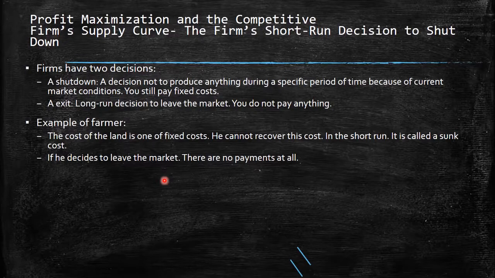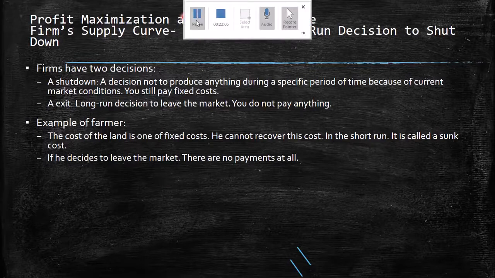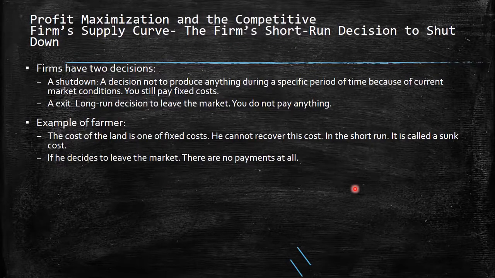So it is what we call a sunk cost. Even at this time, if he decides to leave the market, the farmer doesn't need to pay the variable cost, but at least he needs to pay the fixed cost.